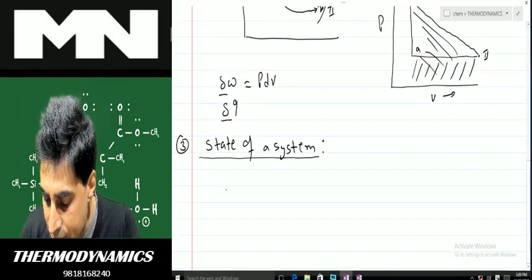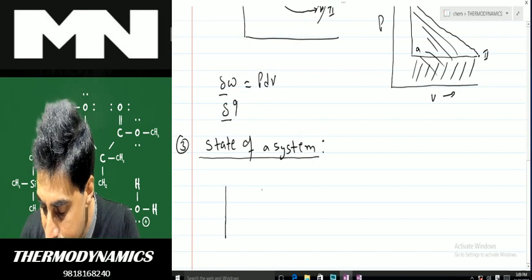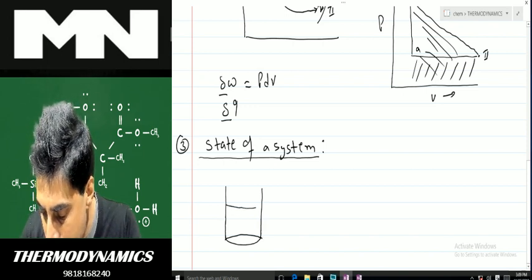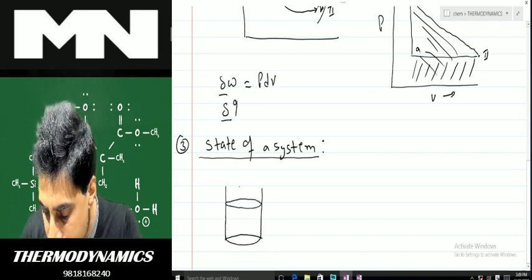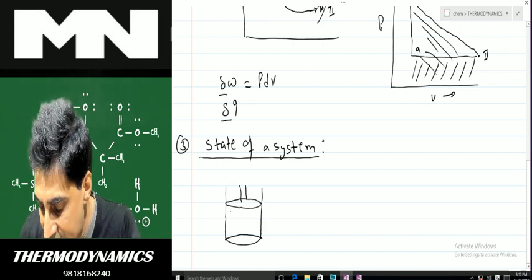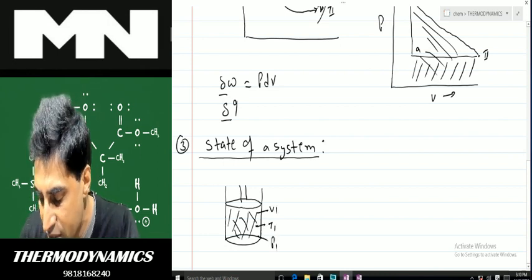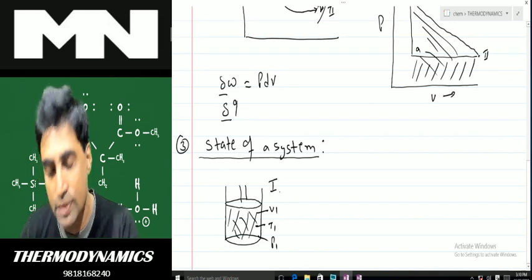We have an ideal apparatus, that is a gas cylinder. Suppose here I have a gas cylinder. This gas cylinder is fitted with an airtight piston, and inside this gas cylinder I have a gas. The volume of the gas is say V1, its temperature is T1 and its pressure is P1, so its state is 1.